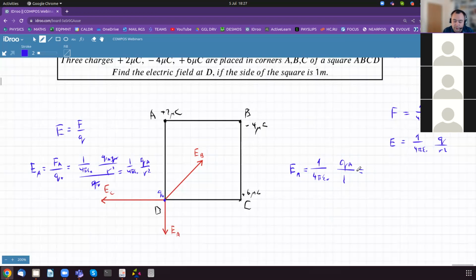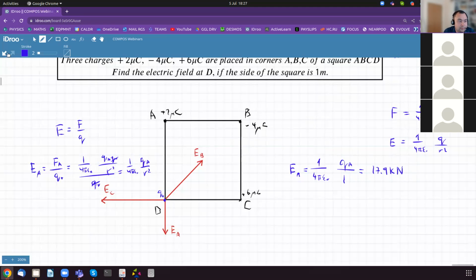So it's 1 over 4 pi multiplied by epsilon naught, multiplied by the fraction. QA is 2 times 10 to the minus 6 over 1. Wow, it's quite a big value. So it's 17.9 kilonewtons.